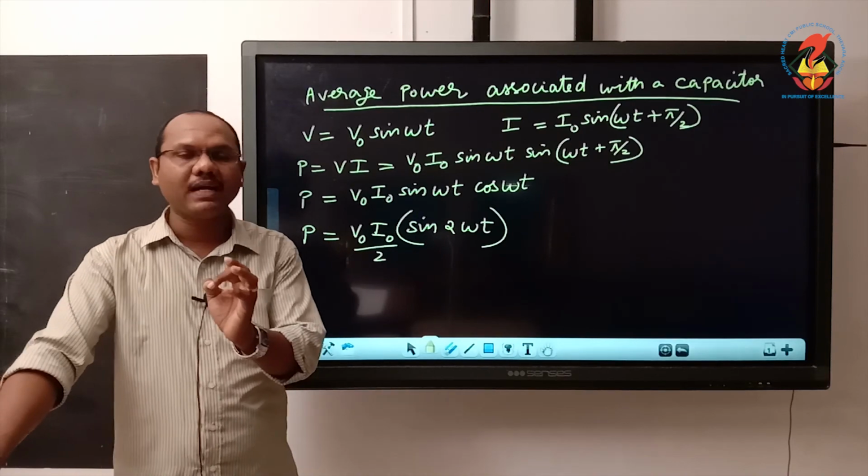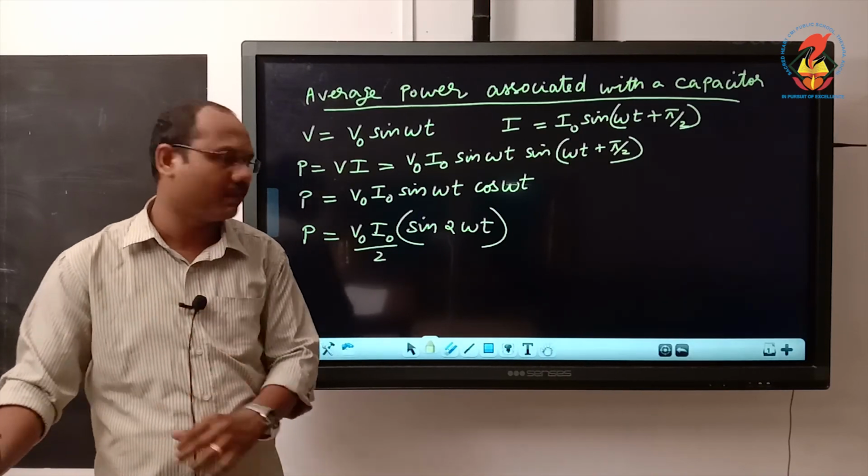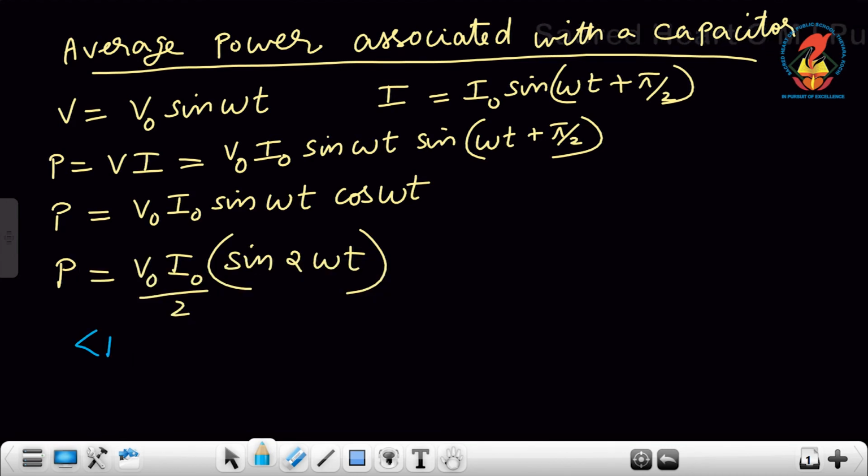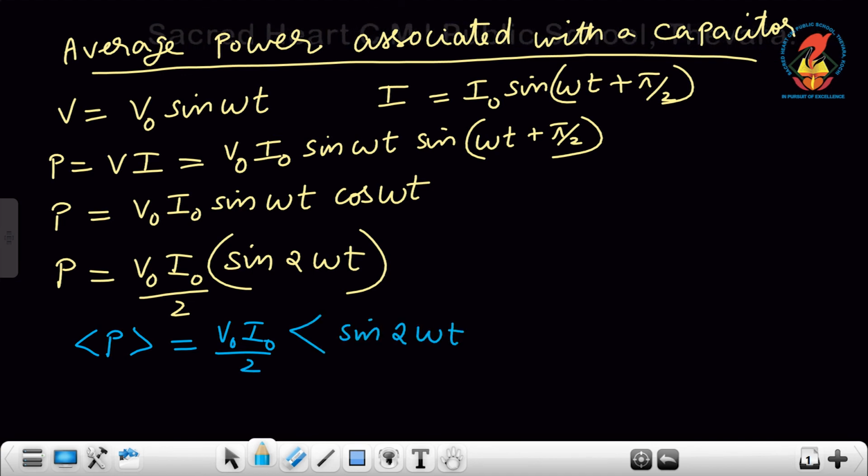Now we have to find the expression for the average power. Average power can be written as V0 I0 by 2 times sine 2 omega t.